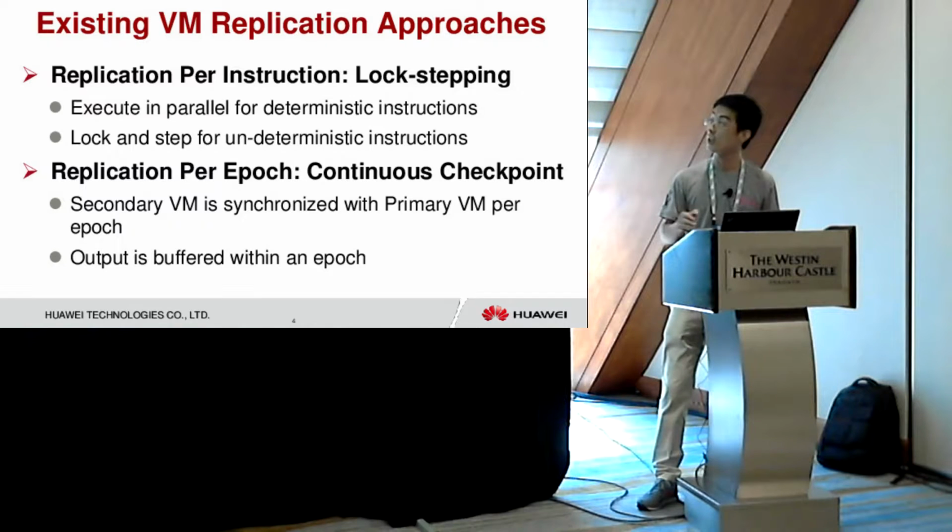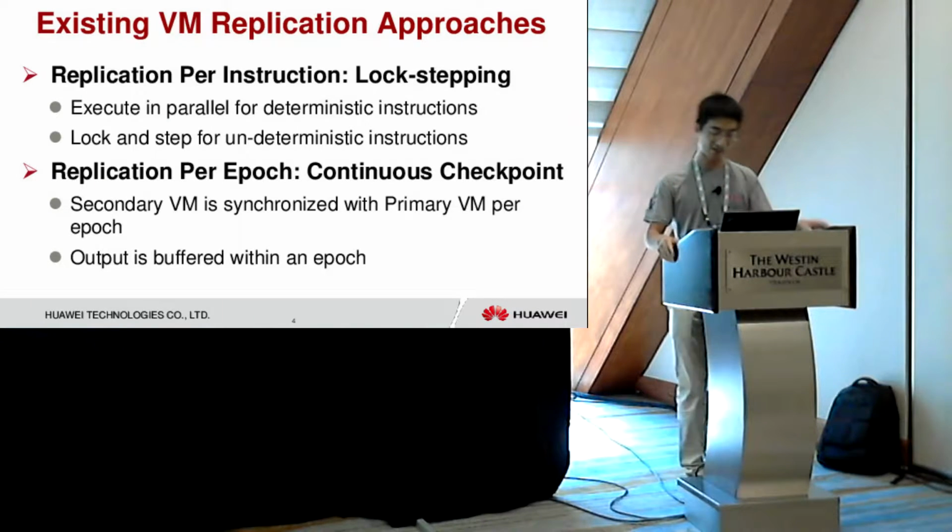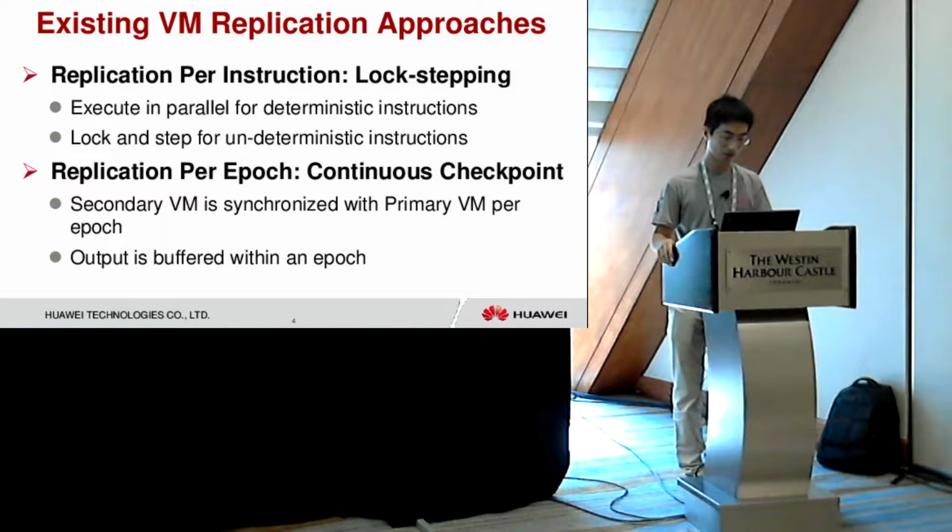In contrast, lockstepping is applied for non-deterministic instructions. This replication approach is only suitable for single-processor VMs, and its performance will degrade dramatically.